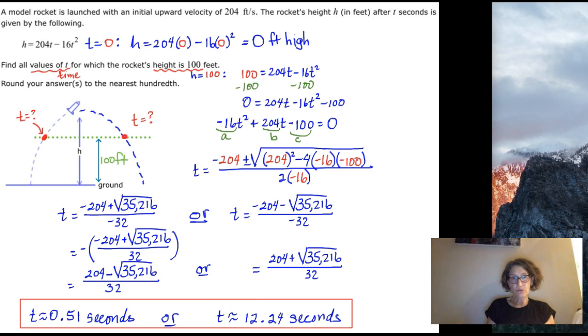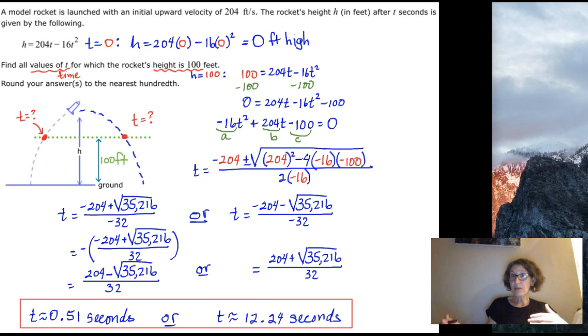So those are the two examples, the two basic types of problems. One is where you're looking for when something hits the ground, and the other one is looking for when something reaches a certain height. And so sometimes you have one answer, usually hitting the ground, you can only hit the ground once.